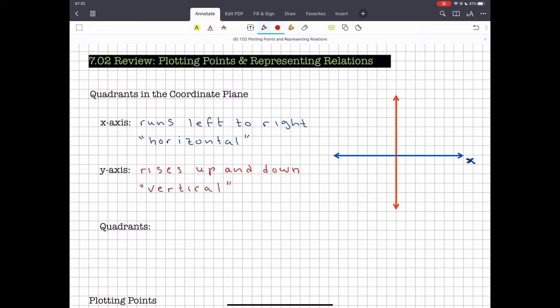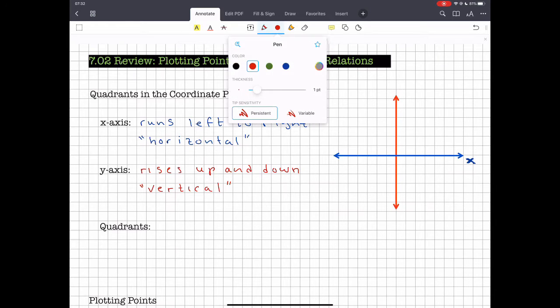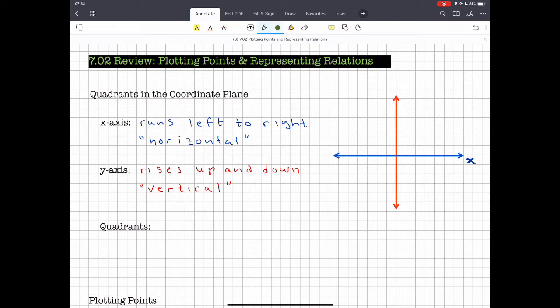Now, when the x-axis and the y-axis intersect, we get something called quadrants. And quadrants are four sections created by the x and y axes.